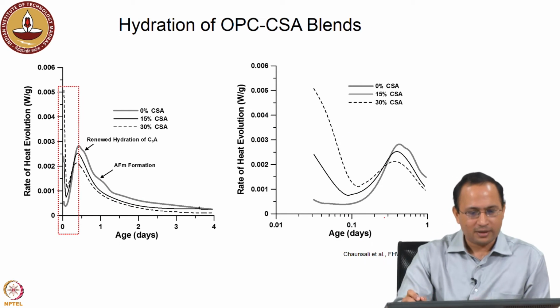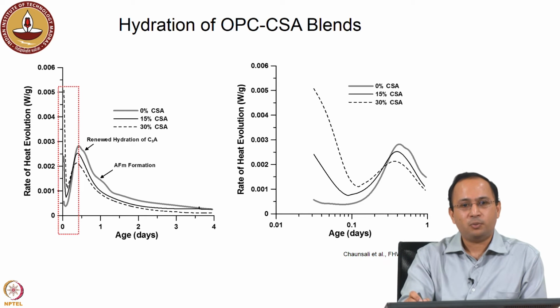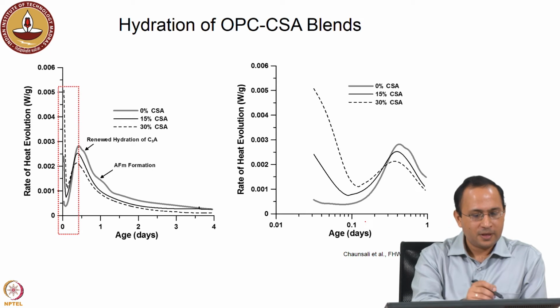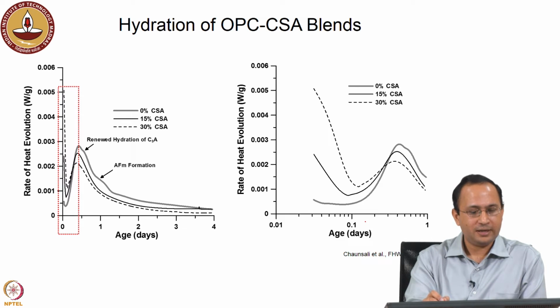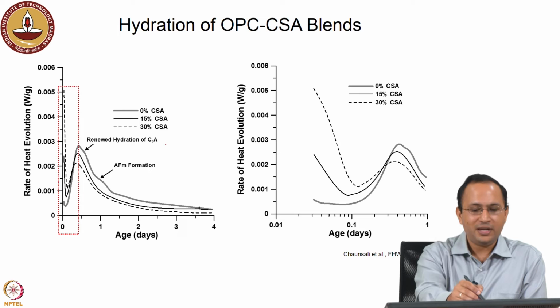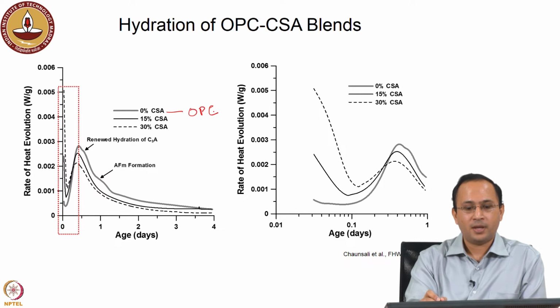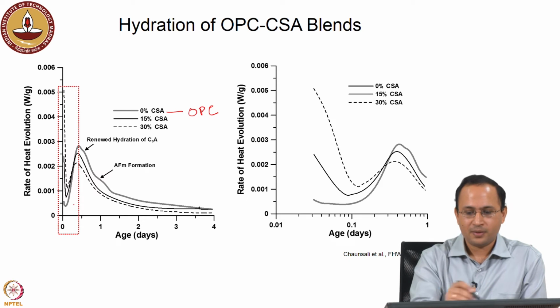Now, if you want to examine this closely, we can use isothermal calorimetry. So, here is the rate of heat evolution in 3 different binders. 0% CSA corresponds to plain OPC, right. Now, what happens when you add 15% CSA, 30% CSA?